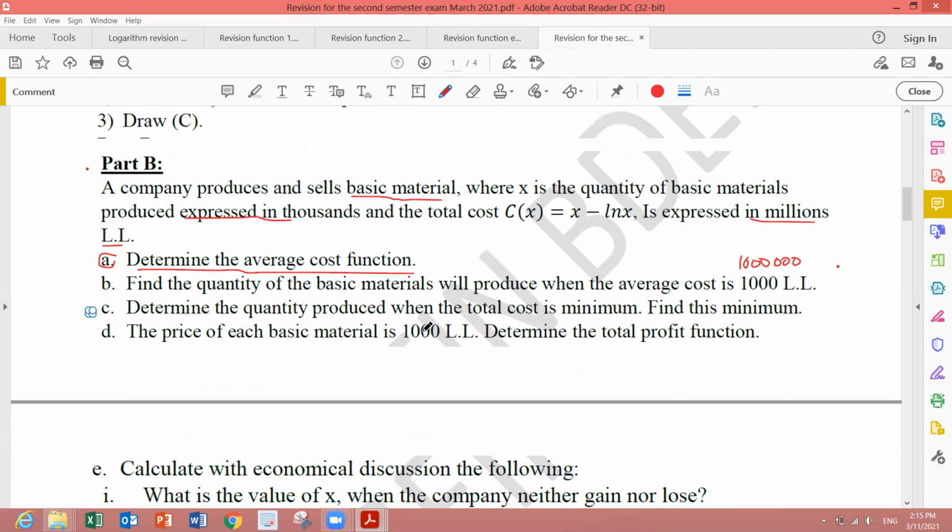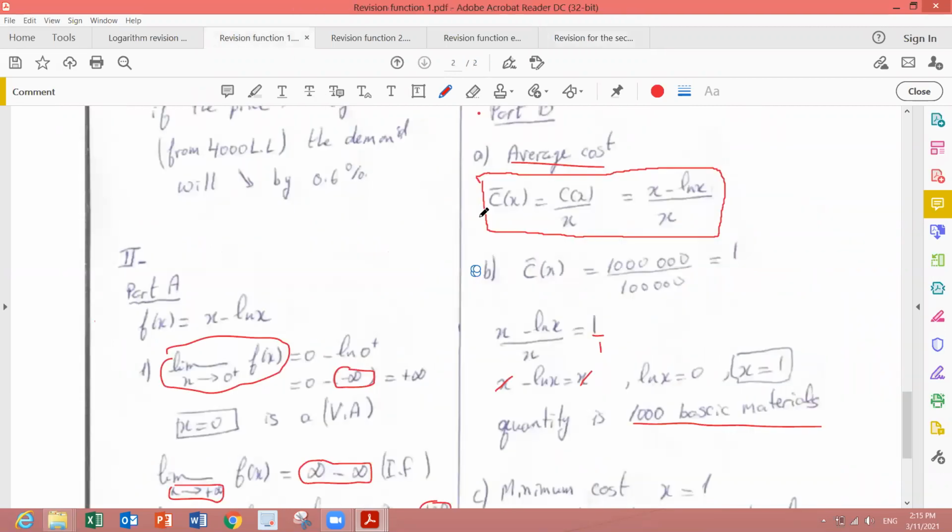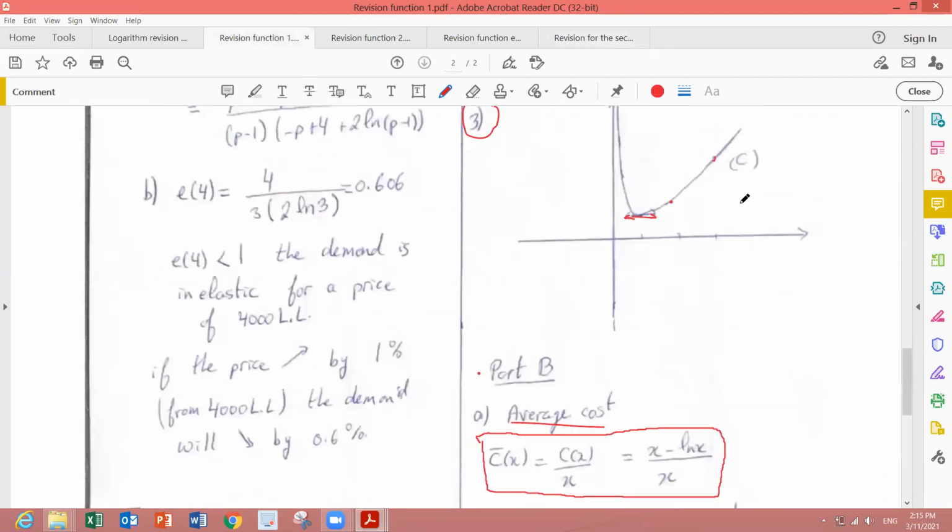How to do it? From the table, because C(x) is the same as f(x), and to find the minimum we go to the table.